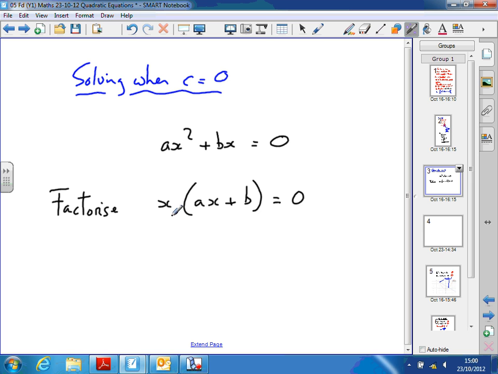That is one solution. Because the right-hand side is 0, we can say that if x is 0, the left-hand side too is 0. Does that make sense?